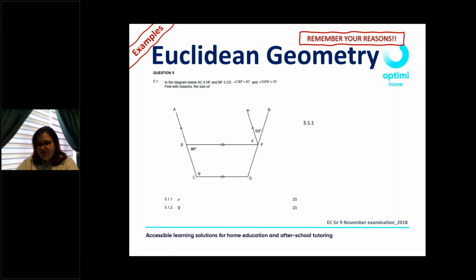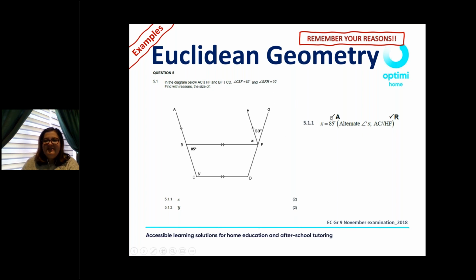Now you will see there at the top, I said, remember your reasons, and this is why. Okay? You will get a mark for your answer, but you will also get a mark for your reason. You've already done the thinking, just write it down. Otherwise, you lose 50% of your marks already. So remember to add a reason with your answer.